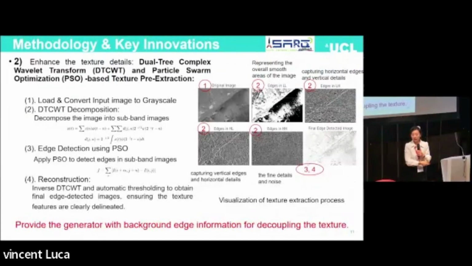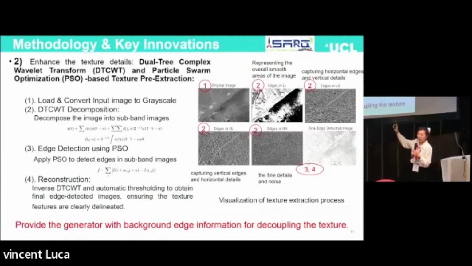The next innovation: from the original images, we convert the image to grayscale, and then we decompose the image into sub-band images. There are four types: low frequency in horizontal and low frequency in vertical; low frequency in horizontal and high frequency in vertical; high frequency in horizontal and low frequency in vertical; and high frequency in horizontal and high frequency in vertical.